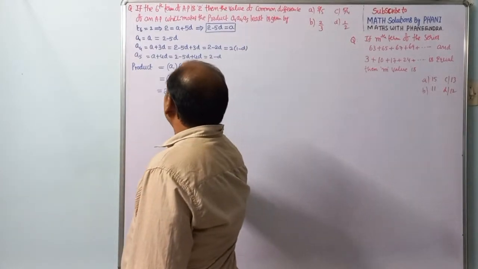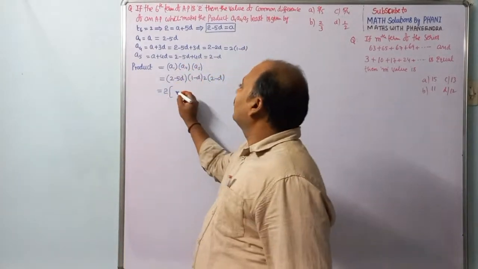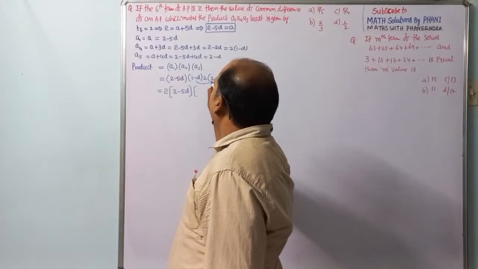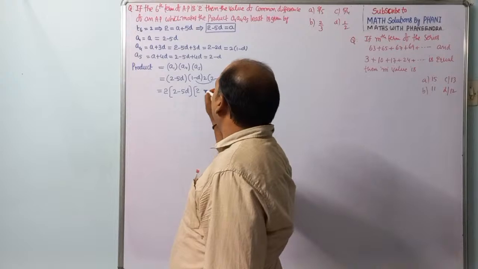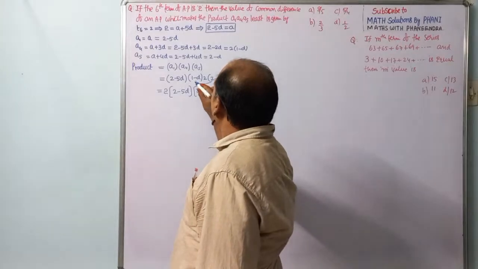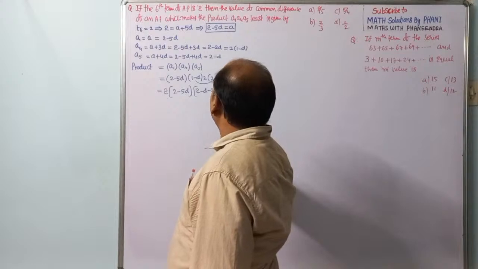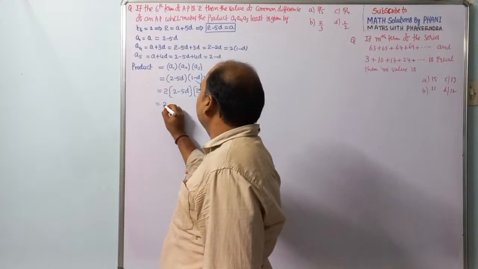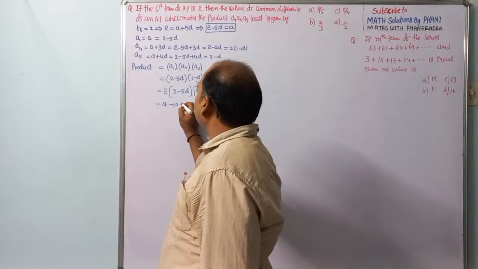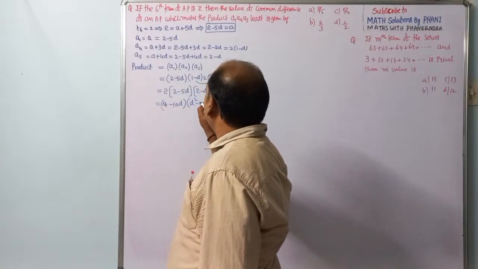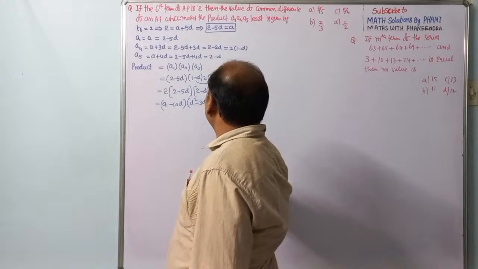So 2 into 2 minus 5D. So now we are multiplying these two. 2 minus D, minus 2D plus D square. So 2, 4 minus 10D into D square minus 3D plus 2.